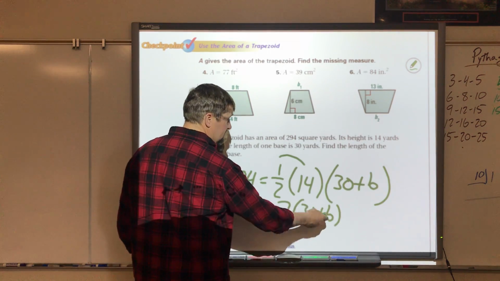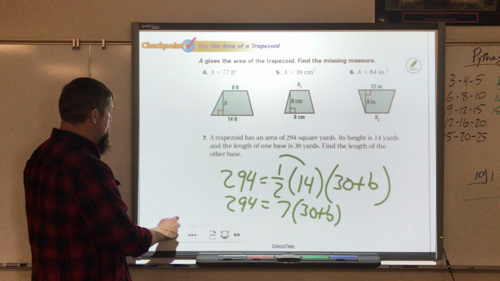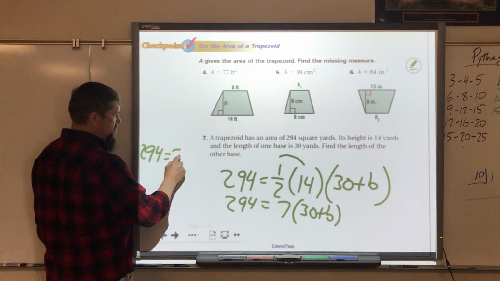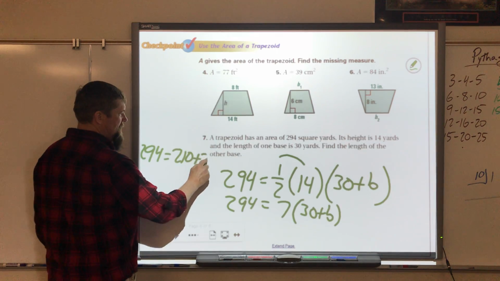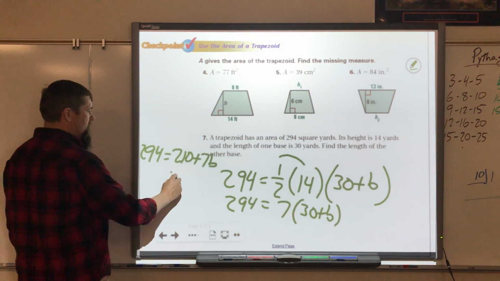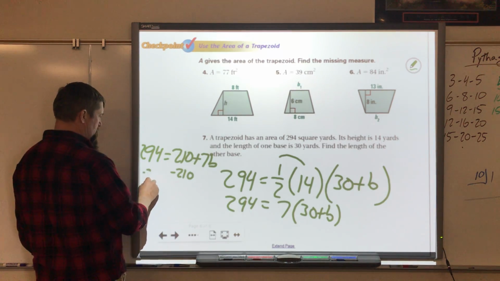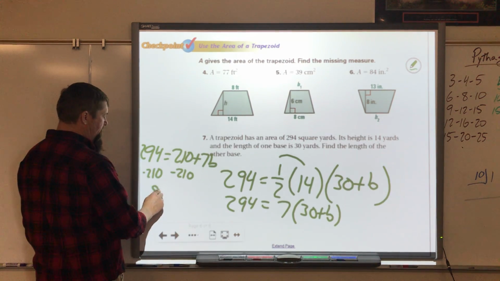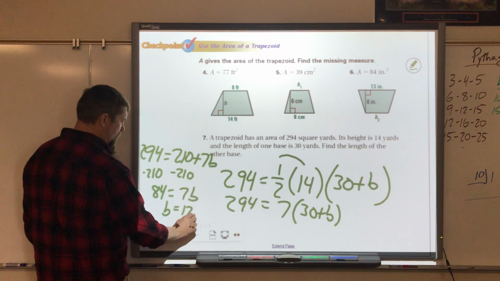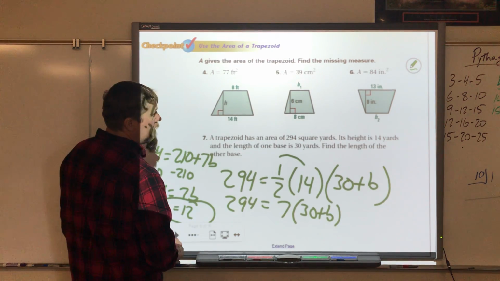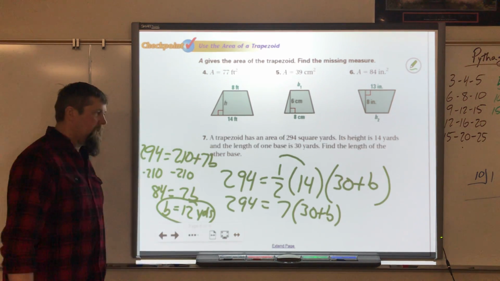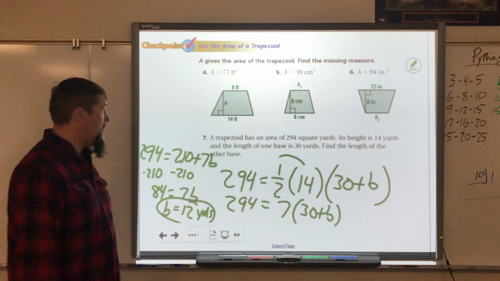I could actually distribute next, which would give me 294 equals 210 plus 7b. If I do that instead, I will subtract 210. I get 84 equals 7b, so b is equal to 12. 12 yards. Don't forget to label your answers.